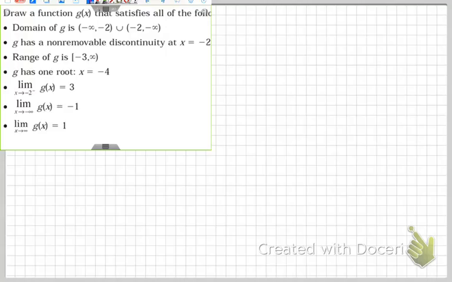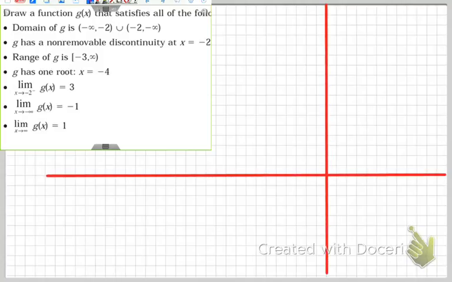So, if I draw my little xy axis, got something like this. It says the domain is from negative infinity to negative 2, union negative 2 to infinity. What does that mean? The first one, the domain part. So what does that tell you about what it's going to look like?